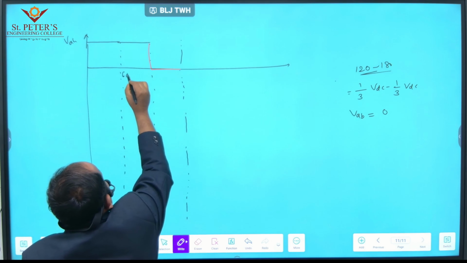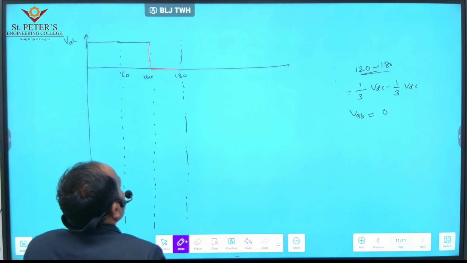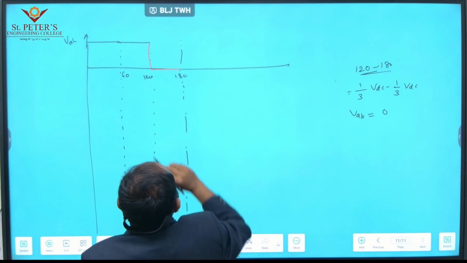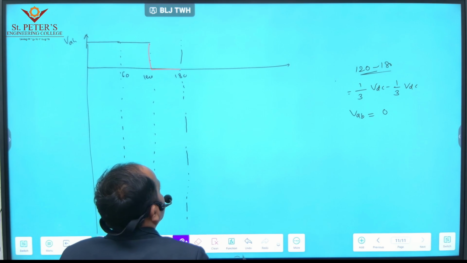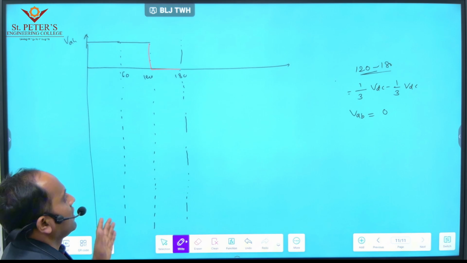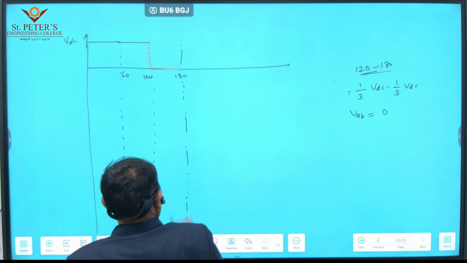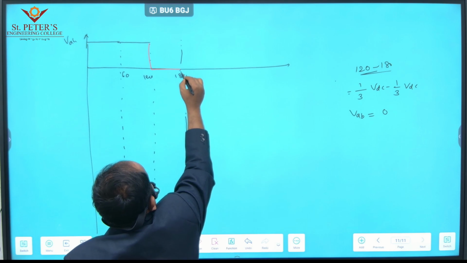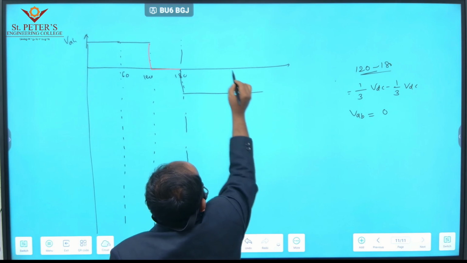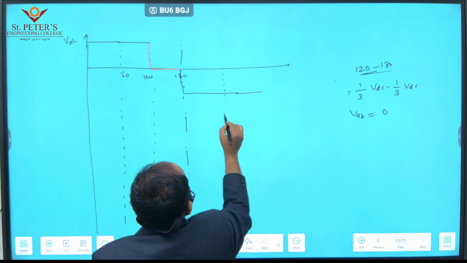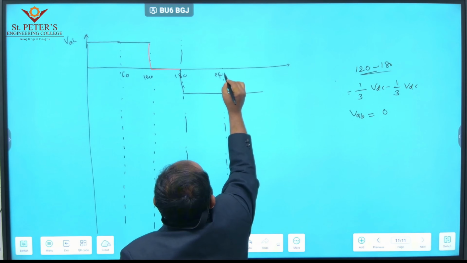So 60, 120, 180. Okay. Next, for the next half cycle from 180 to 360, we can repeat it directly, otherwise you have to calculate, no problem. So the next cycle can be repeated.